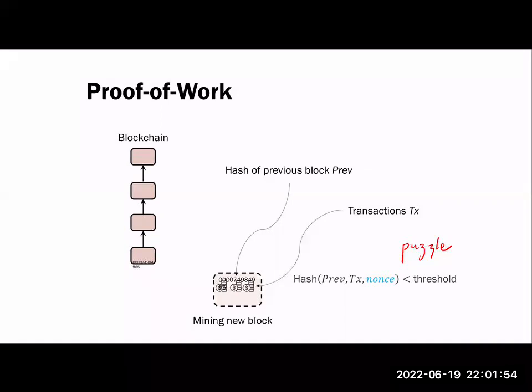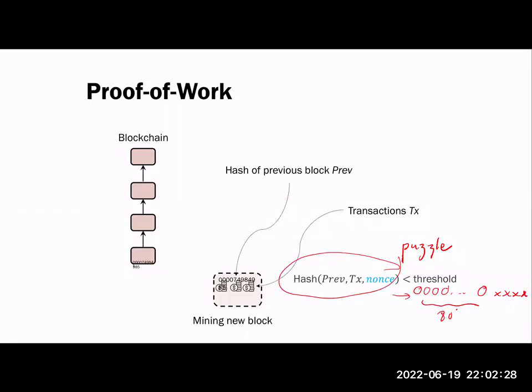Remember, the right-hand side is a 256-bit number, so this threshold is a very small number. It means that you need, say, 80 zeros in the front, and then the rest can be non-zero. So you need this hash value to be very small.